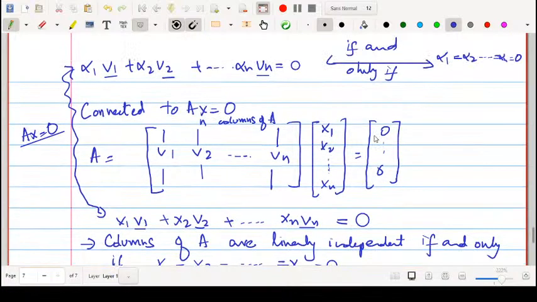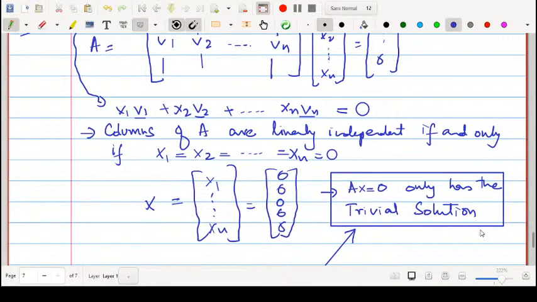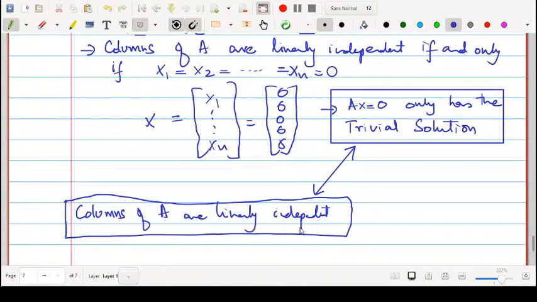If they're linearly independent, then these x1 to xn should only be equal to 0, which means this system is only going to have the trivial solution, right? That's what we've achieved. We defined linear independence, and then we showed linear independence only happens when this matrix has only the trivial solution. It's one and the same thing. Okay.